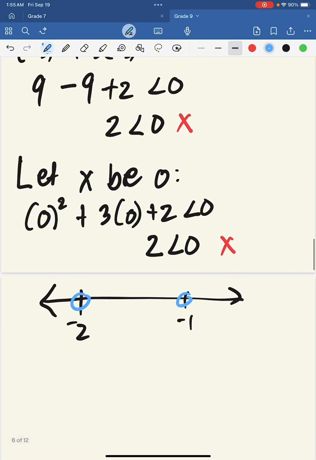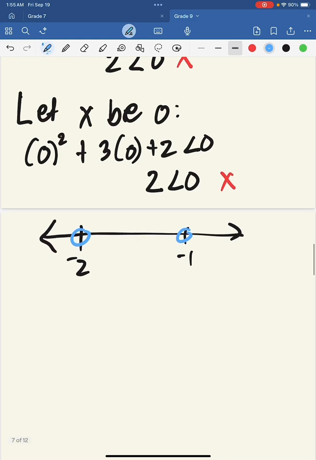So in interval notation, we could write it like this. So we have here 2 and negative 2 and 1. Now, since the inequality symbol that we just used is just the less than, we're going to use an open and close parenthesis.